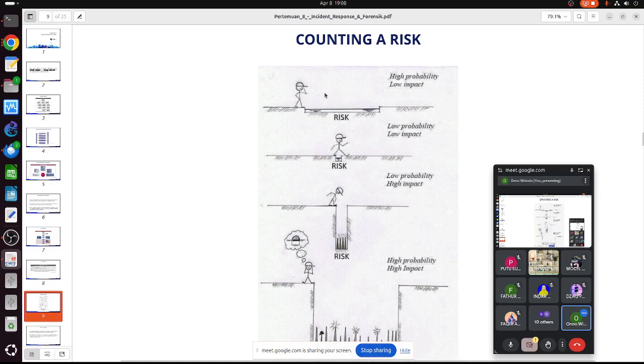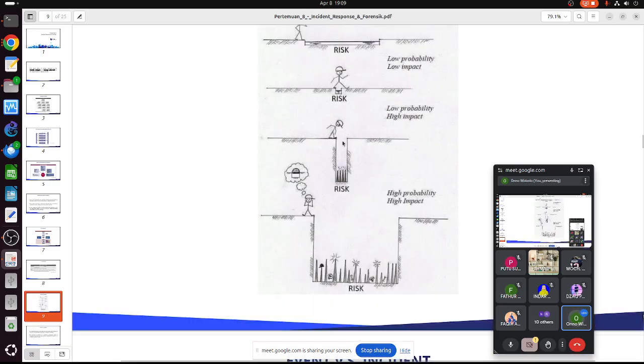Okay, if the probability is high but the impact is low, we can accept this kind of risk, because if the impact is low, we can just go. Especially this one, low probability, low impact, that's fine. This is low probability, high impact. This is dangerous.